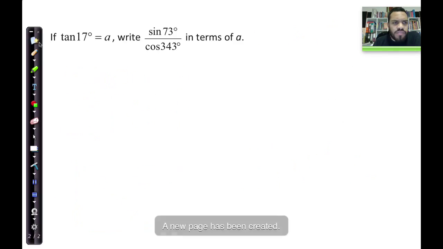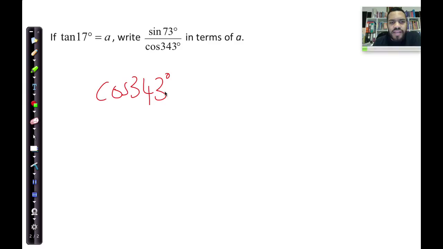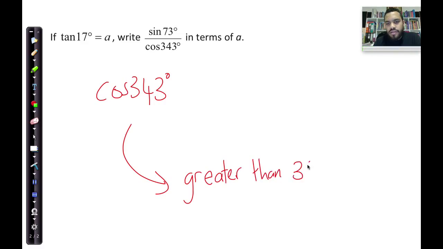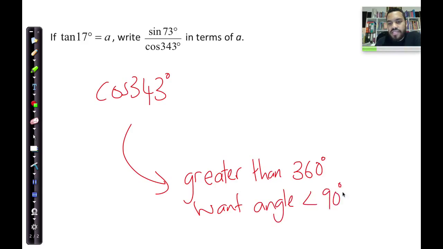I'm just going to bring up a new sheet, and I'm going to say cos 343 degrees. This angle is greater than 360 degrees, and our aim is to get the angle less than 90 degrees.